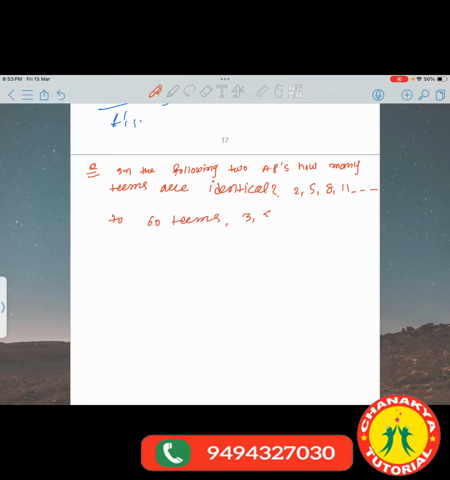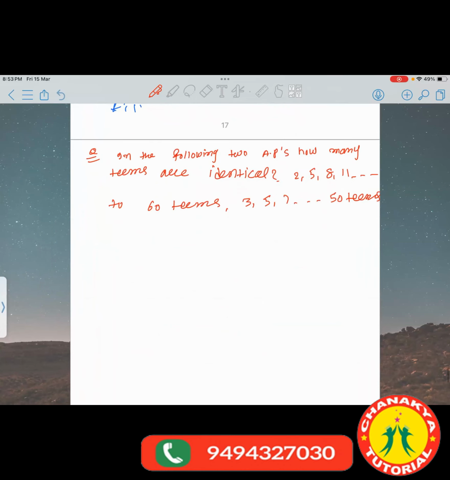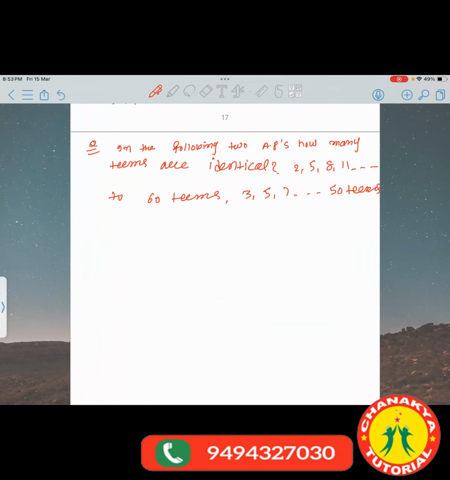This is a famous question. Now, in the following two APs, how many terms are identical? You are asked about identical terms. AP1 is 2, 5, 8, 11, like that up to 60 terms. AP2 is 3, 5, 7 up to 50 terms.